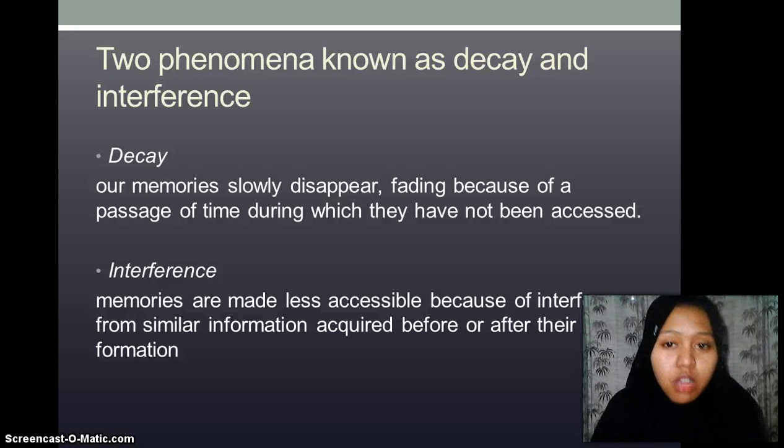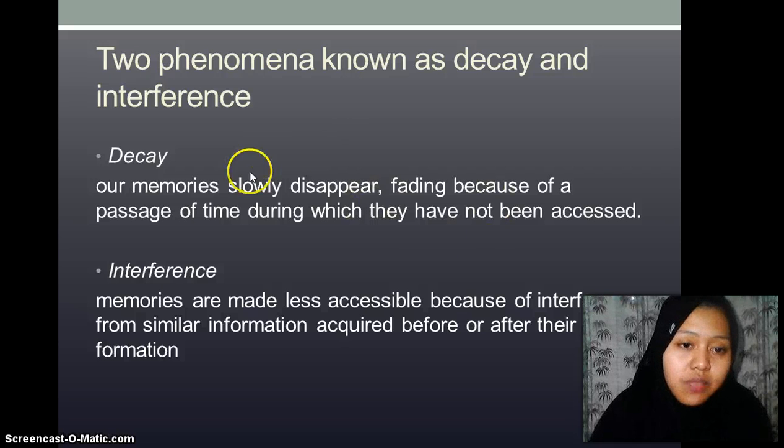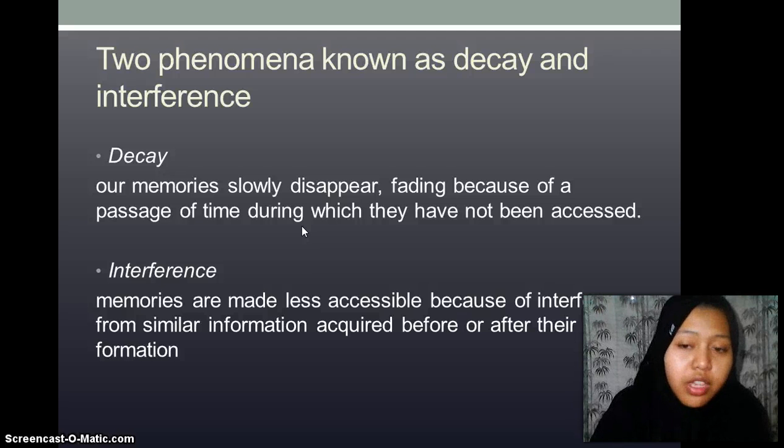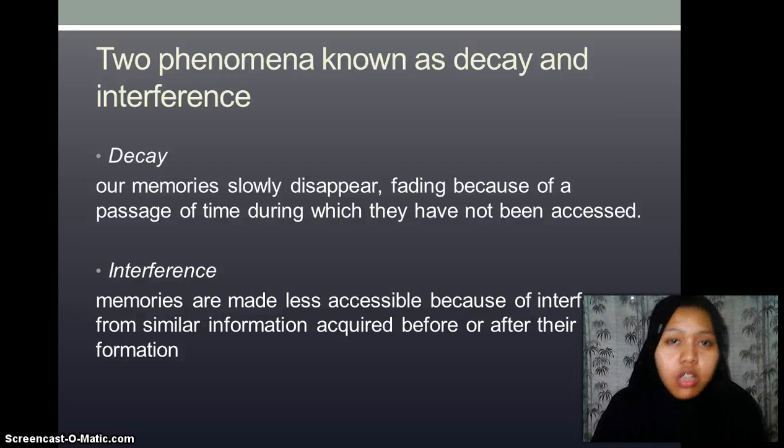Two phenomena known as decay and interference. First, decay. Our memories slowly disappear, fading because of a passage of time during which they haven't been accessed. You can picture this much like a message in sand, with every ocean wave that flows over the shore making the writing less legible until it eventually disappears entirely.